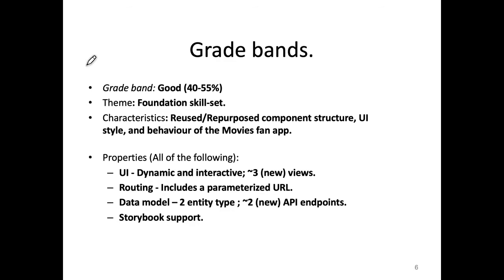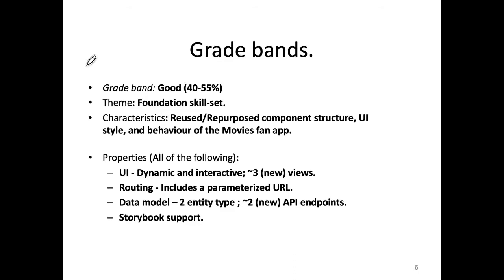Again, that list would more than likely render the exact same way as the other movie listing pages that we have. So you get the idea that you are essentially reusing the components and page structures that you've already developed and just using them for different purposes.